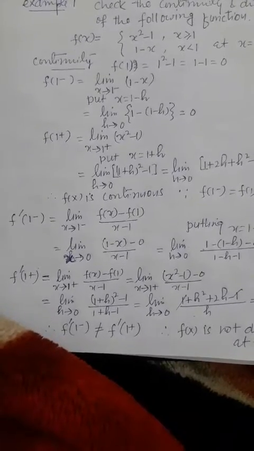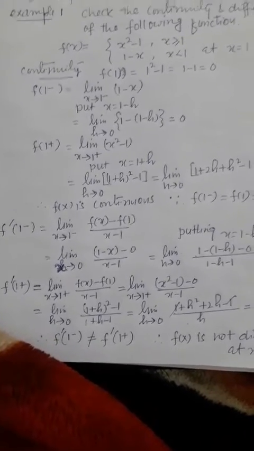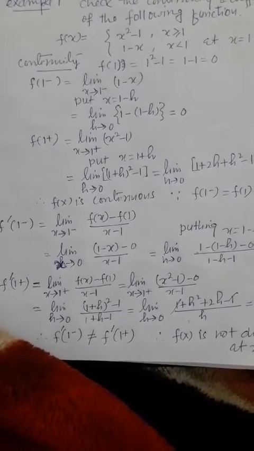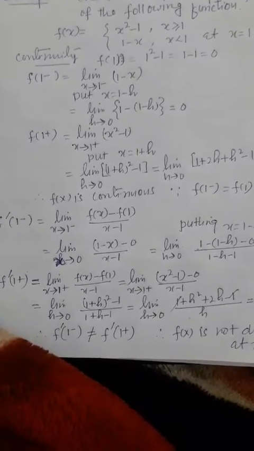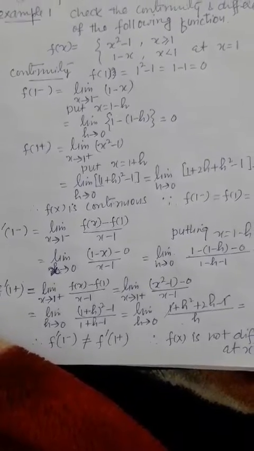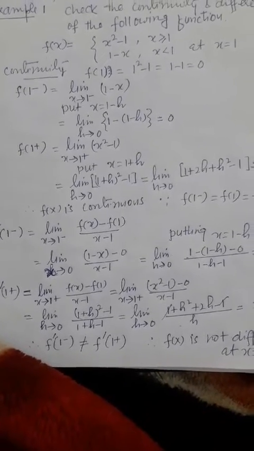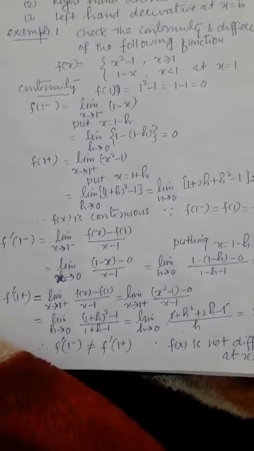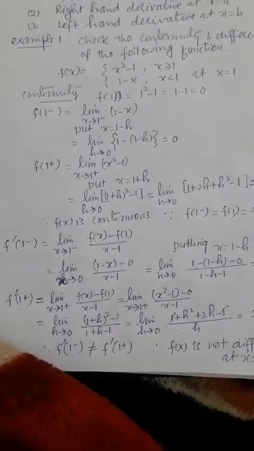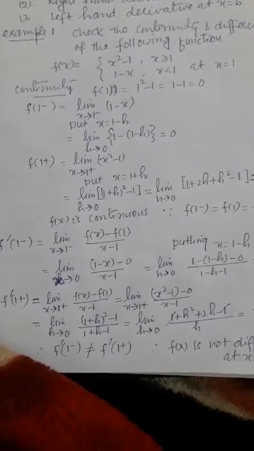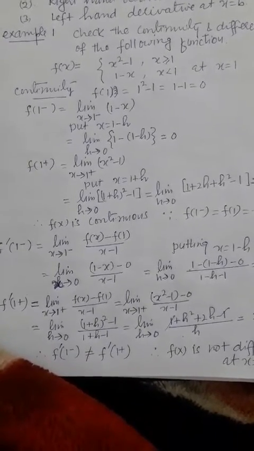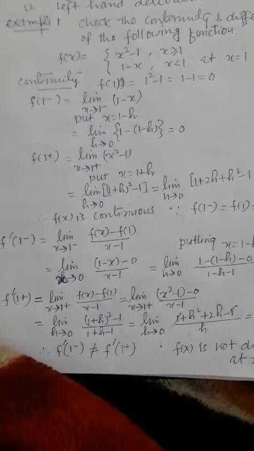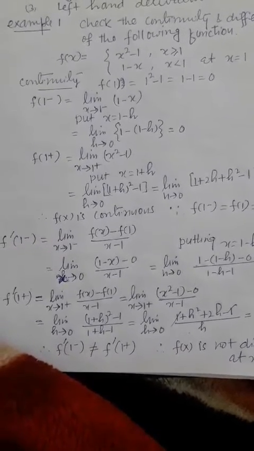Now we find the left derivative at 1. Similarly, we write f dash of 1 minus, the limit of f of x minus f of 1 upon x minus 1 as x tends to 1 minus 0. Now for f of x, use the function for x less than 1, so 1 minus x. Write down the proper function and calculate.